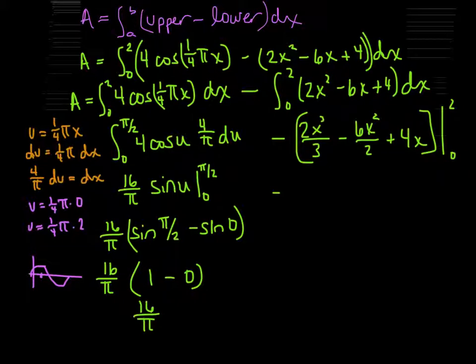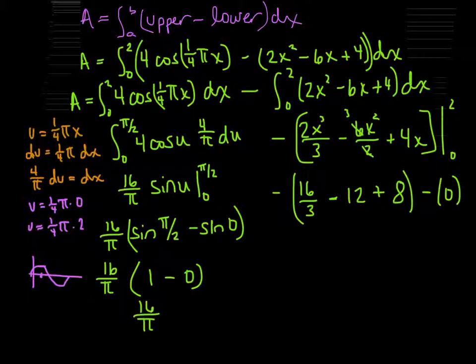So I would have 2/3 times 8, which is of course 16/3, minus, the 2 goes into the 6 here 3 times, so 3 times 4 would be 12, plus 4 times 2 is 8, and of course this is all going to be minus 0 because they all have x's. Put in a 0, you get 0 back.